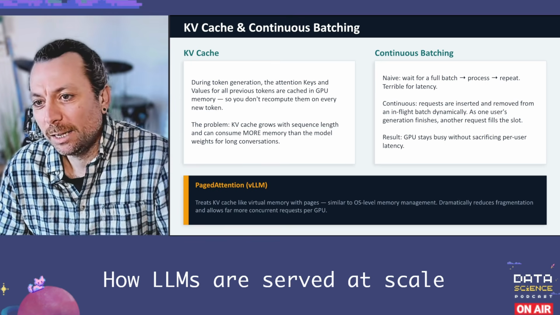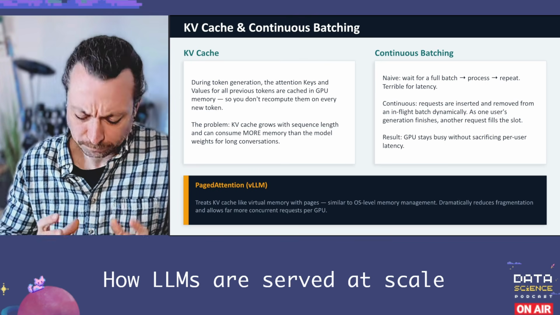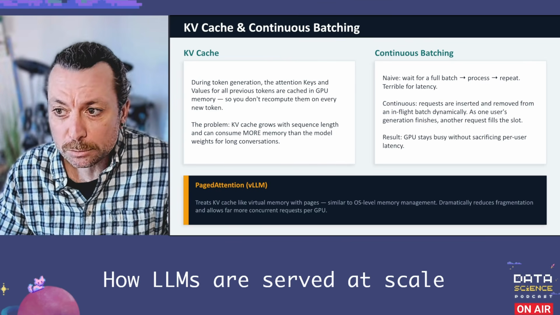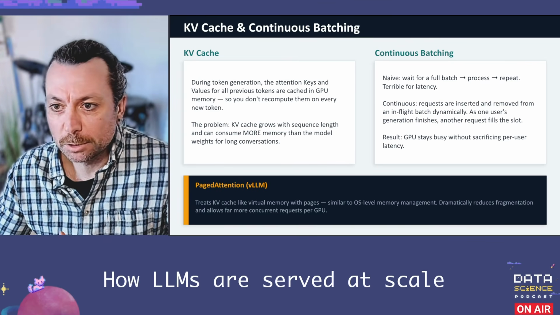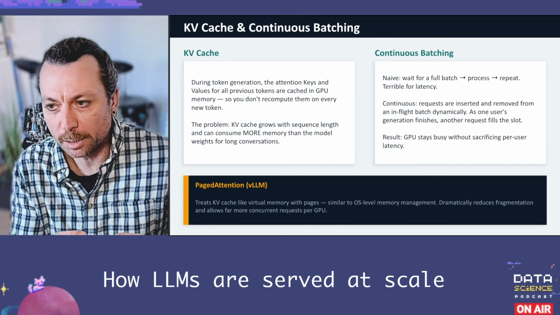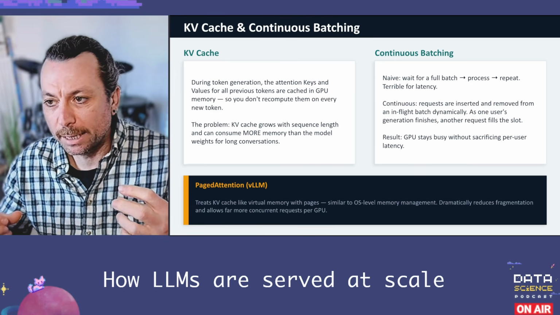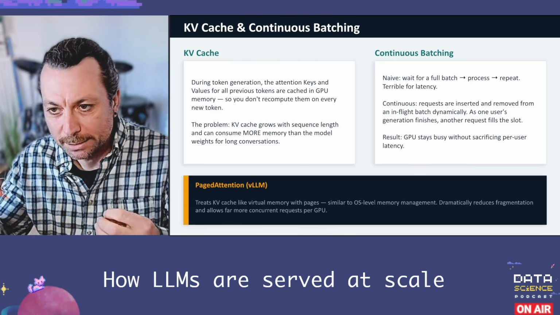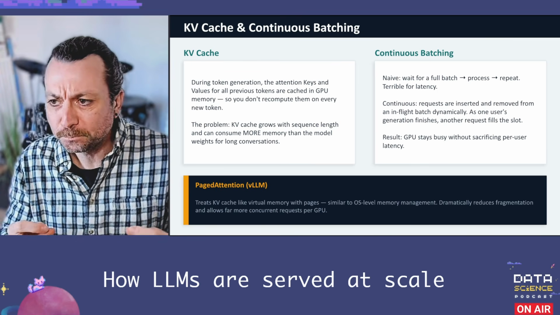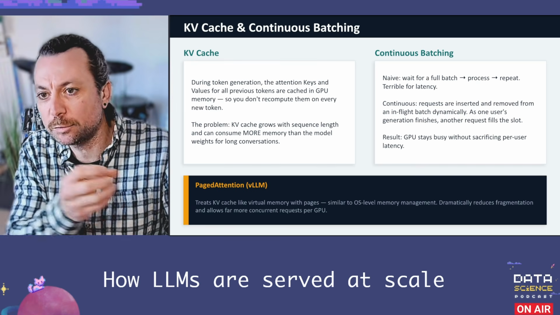So that's how they improved on that. And they said, okay, we can have so-called continuous batching. And what is continuous batching? Well, this is a very smart thing, because all the requests are inserted and removed from an in-flight batch dynamically. Basically, as one user's generation terminates, another request fills the slot.